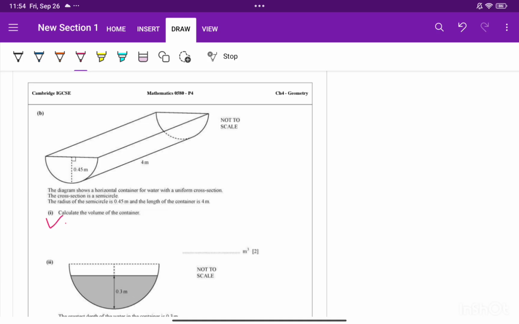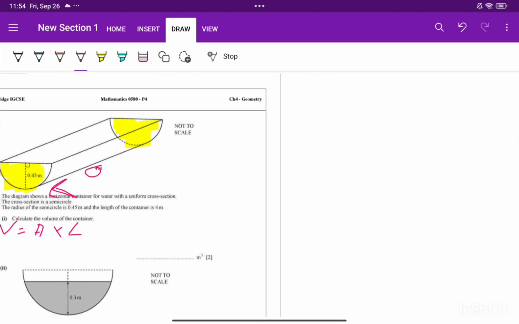So volume of the container formula is area of cross section. So I'm talking about this area, multiplied by length. Length is already given, so we only need to find area of the semicircle. Area of the semicircle is half pi r square. We already know the radius is 0.45.